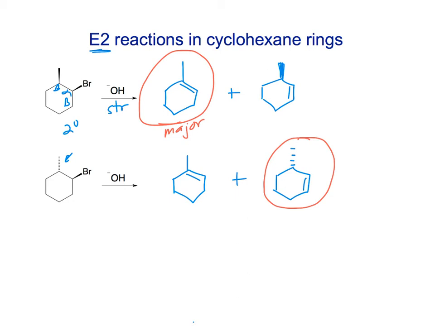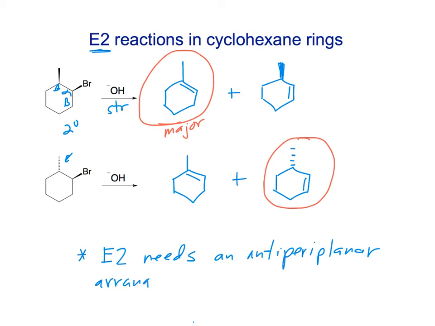All right, so just like before, these E2 eliminations need an anti-periplanar arrangement between the beta hydrogen and the leaving group.